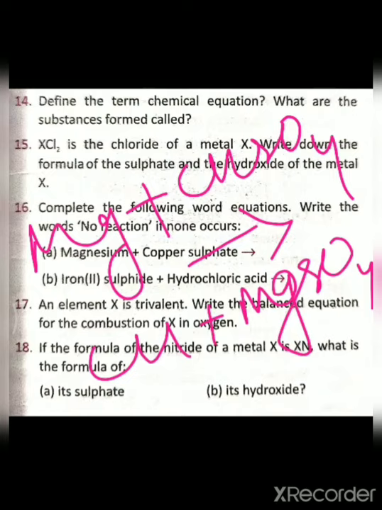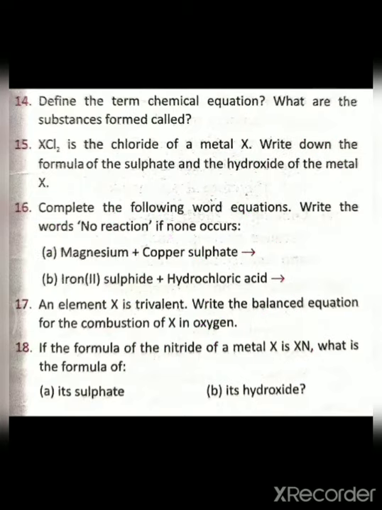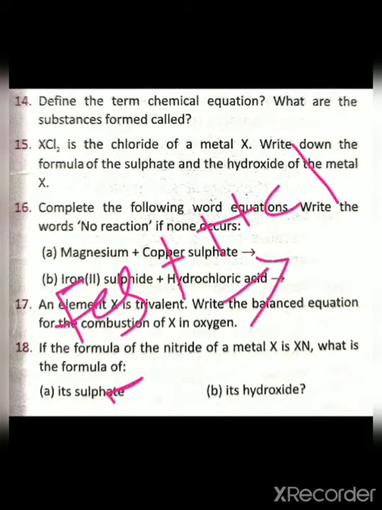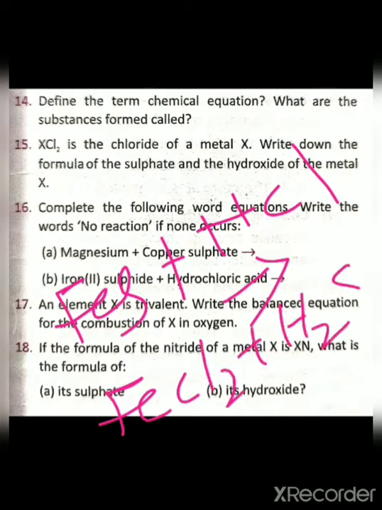Okay, Mg plus CuSO4 gives rise to Cu plus MgSO4. This is your answer. Then iron(II) sulfide plus hydrochloric acid, that is FeS plus HCl. You will get FeCl2 plus H2S.